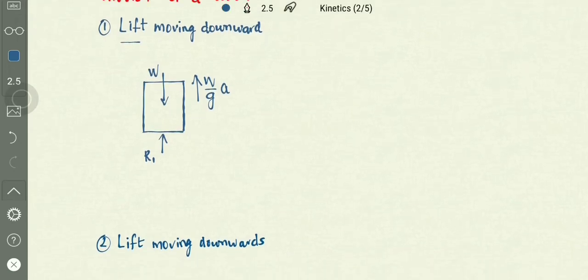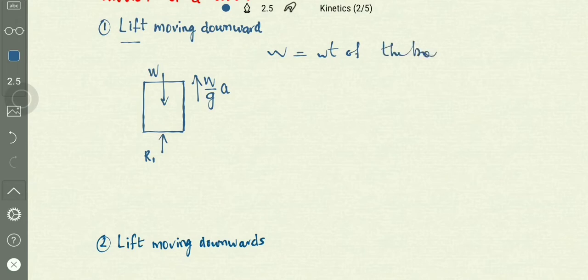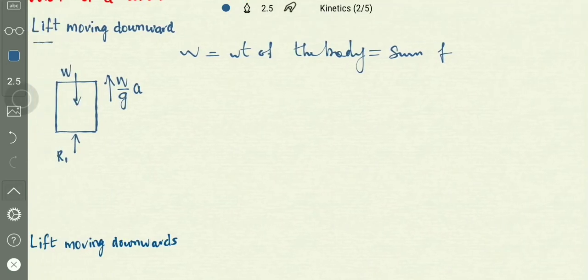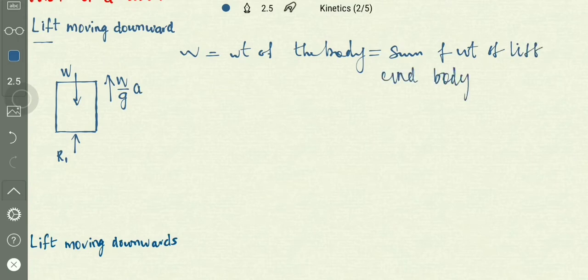So there is a lift here, and here W is the weight of the body, which is equal to the sum of weight of lift and body.